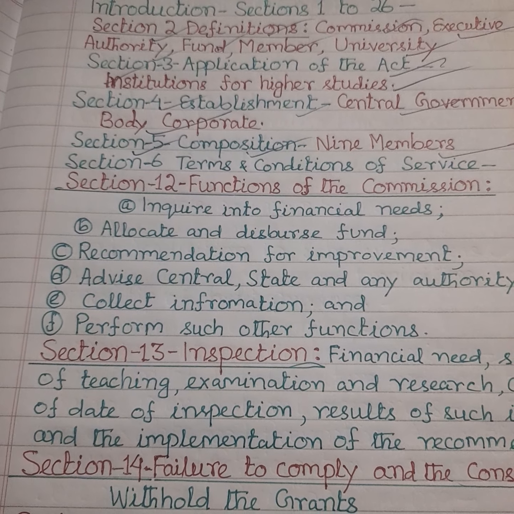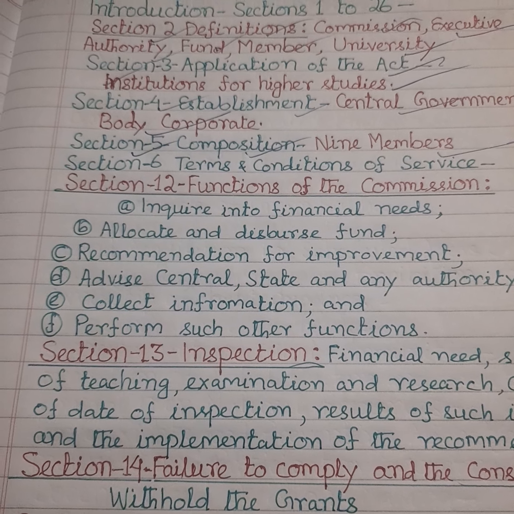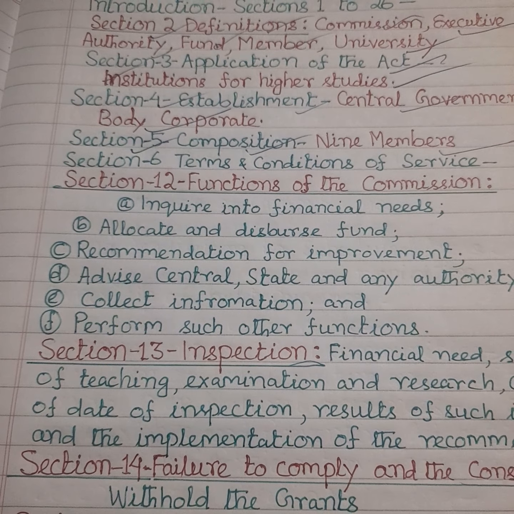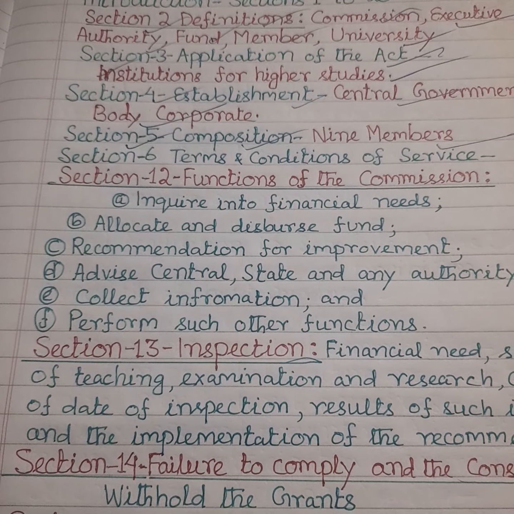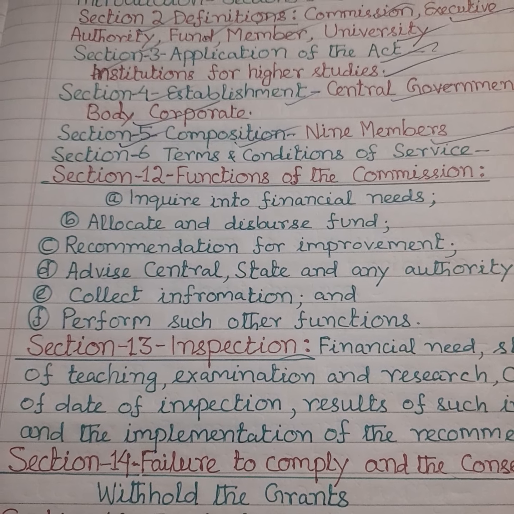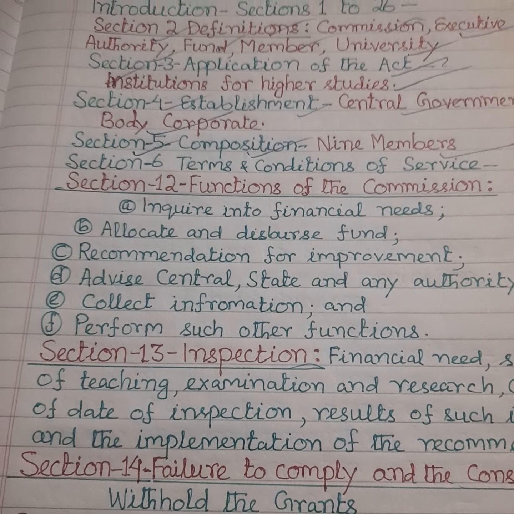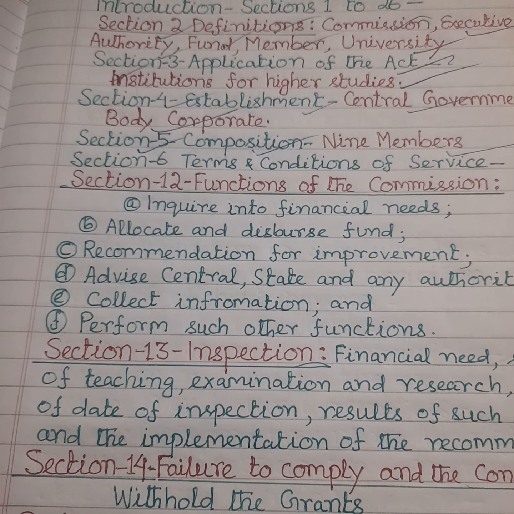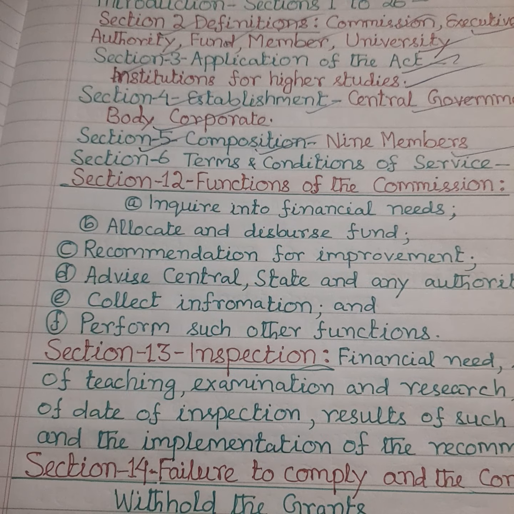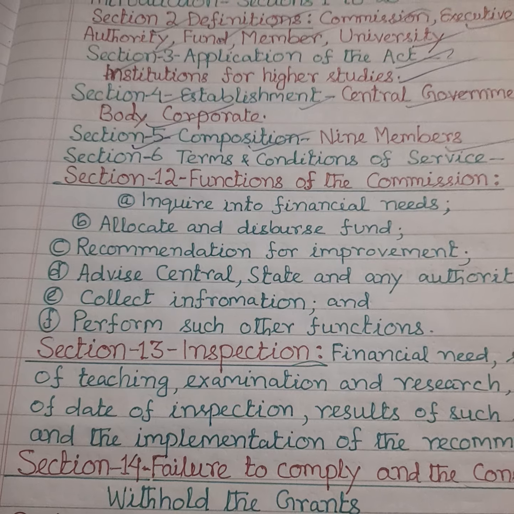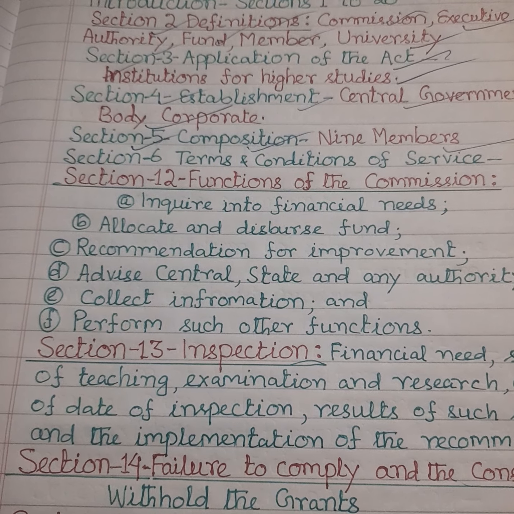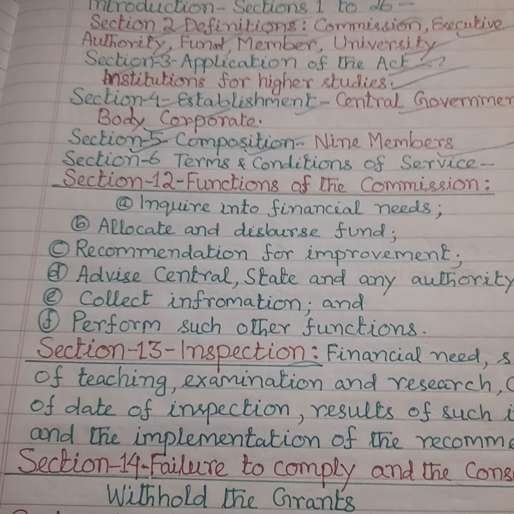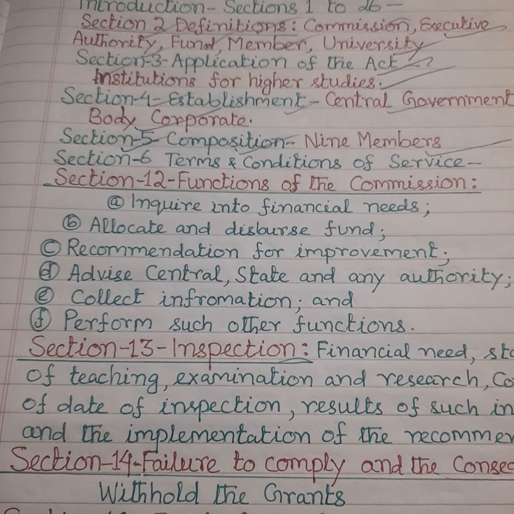the remaining members from among persons who are educationists of repute and who have obtained high academic distinctions, provided that not less than one of the total members so chosen shall be from among persons who are not officers of the central government or of any state government.